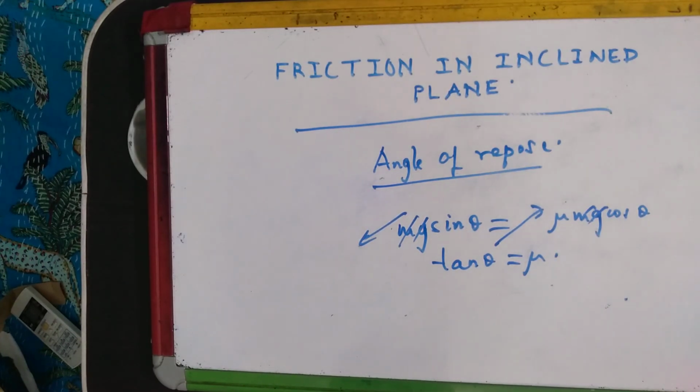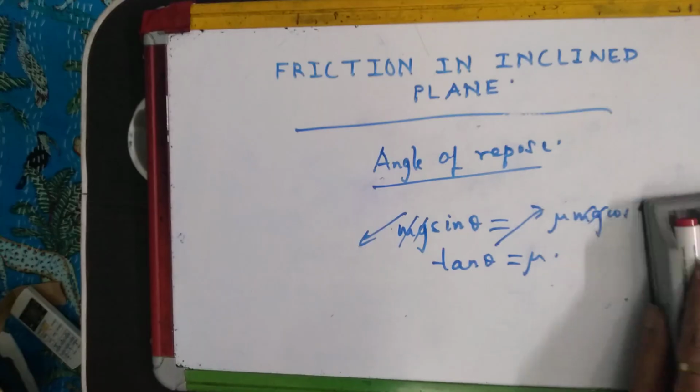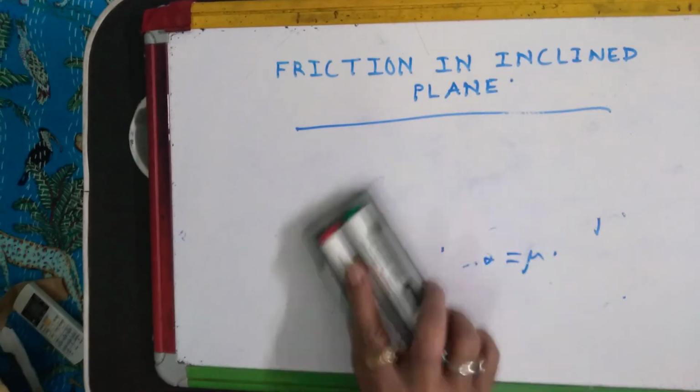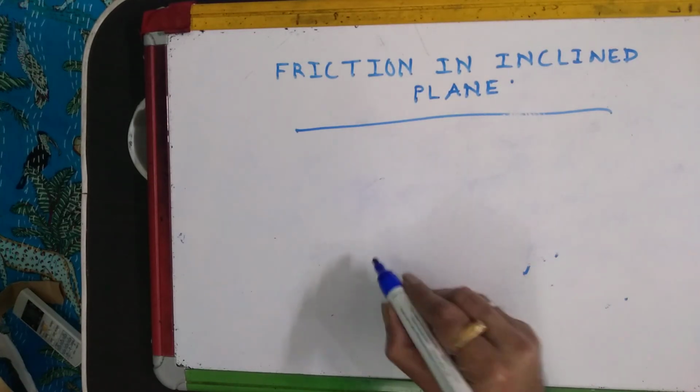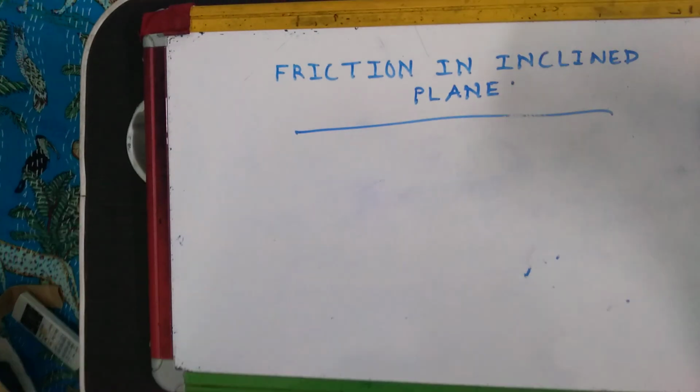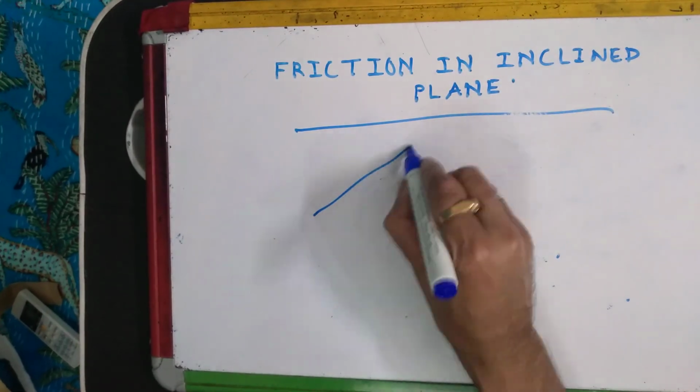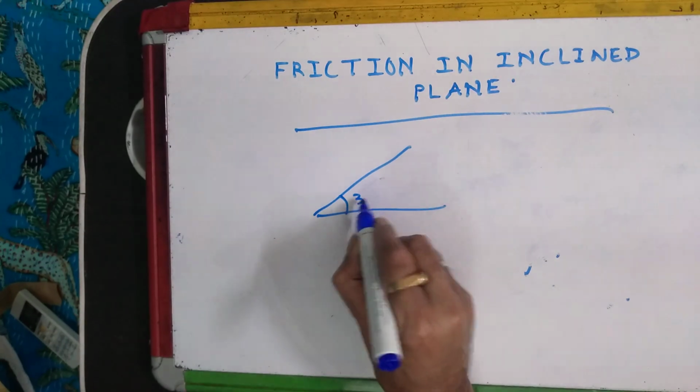As I had told in my earlier videos, we are going to discuss one joint entrance problem every week, and today we are going to discuss a problem from DC content. The question says: a block rests on a rough inclined plane of angle 30 degrees.